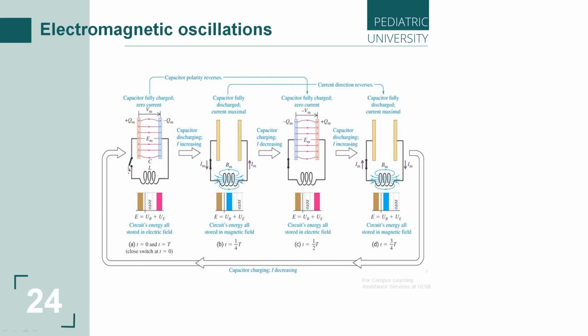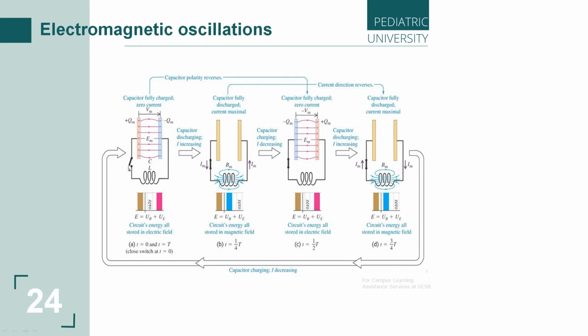What happens after? The electrical energy in the circuit is maximum, because all energy is now in the capacitor, but the magnetic energy is zero. The maximum charge is concentrated in the capacitor and the charge in the inductor is zero.